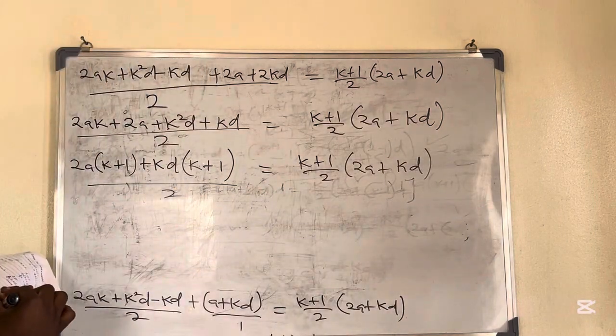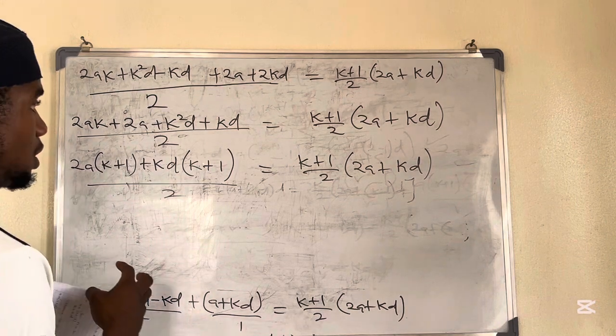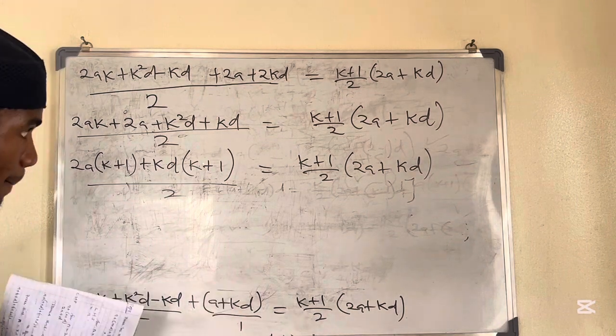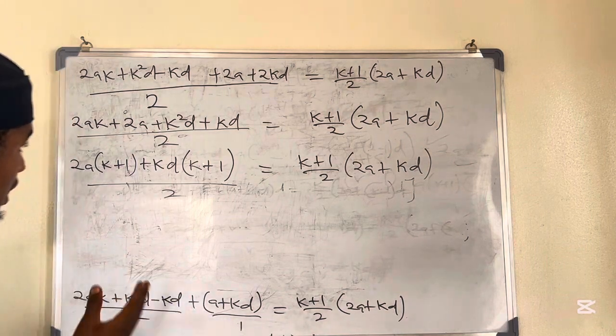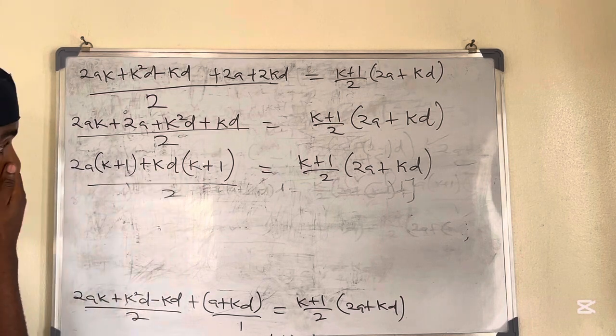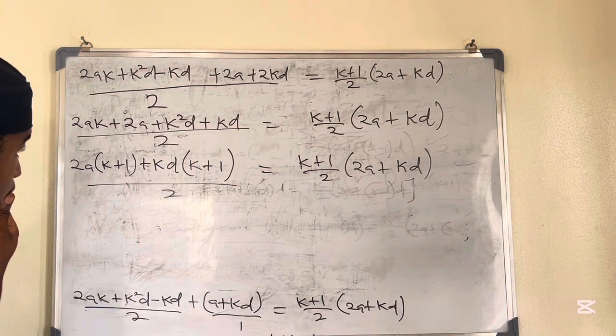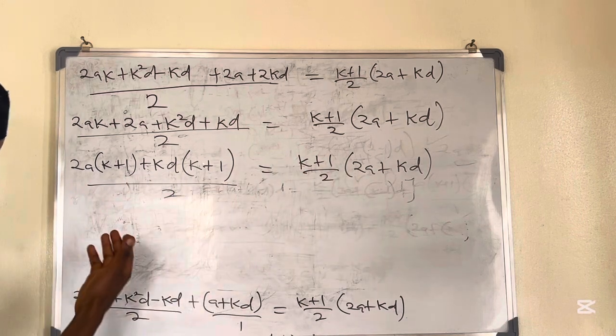So our aim is to make our left hand side equal to what? Our right hand side. So what are we going to do? We can see clearly that we have k plus 1 and k plus 1, which is common here. So we factor out k plus 1. You understand?